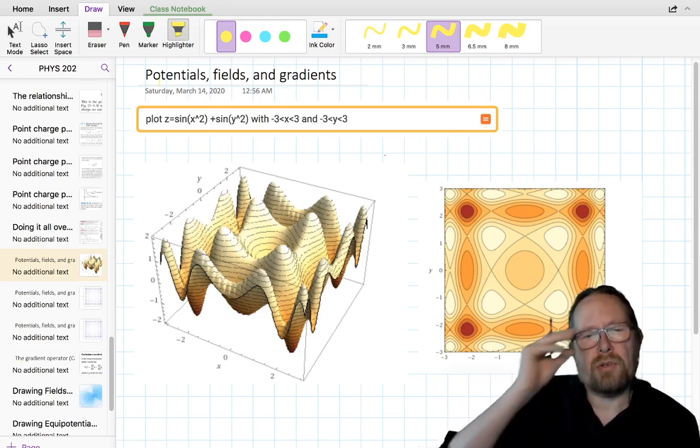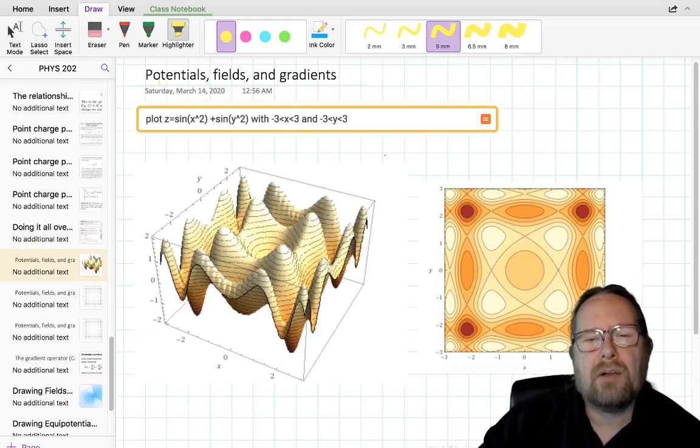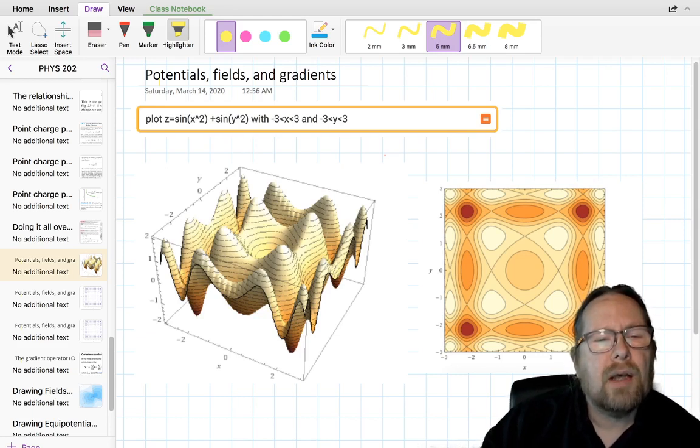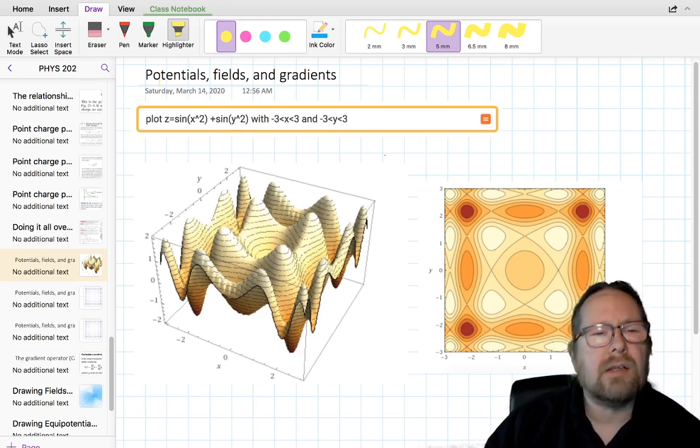There is one big dip here in the middle and a bunch of peaks around that in both the x and y directions. Wolfram Alpha also produces this top-down view, which you can almost think of as a topographic map or an altitude map. For example, this big dip in the center is this big circle right here, and then around that there are 1, 2, 3, 4 peaks. Sorry, sometimes I point with my mouse and I think it shows up on the screen, and it doesn't.